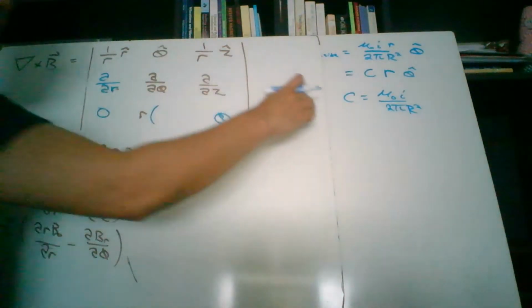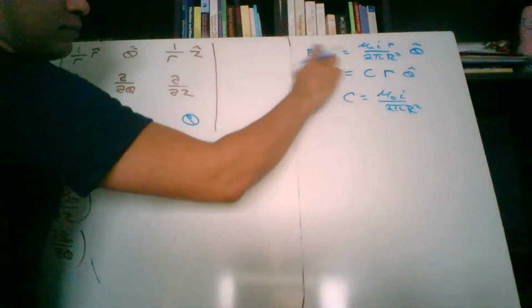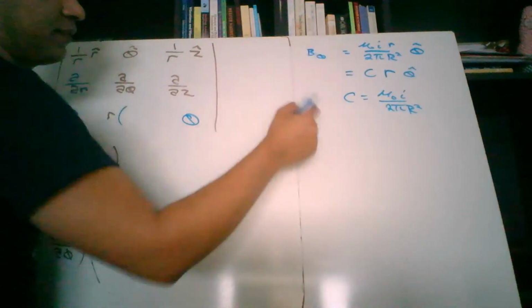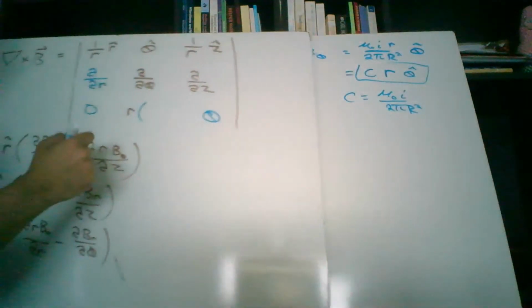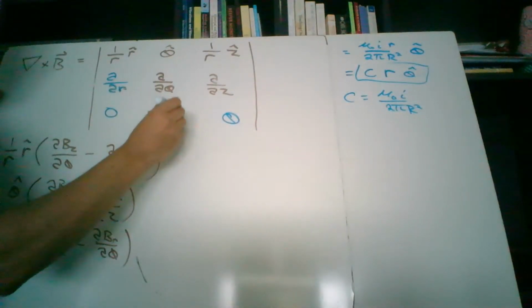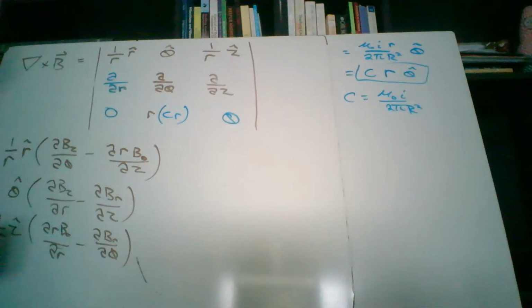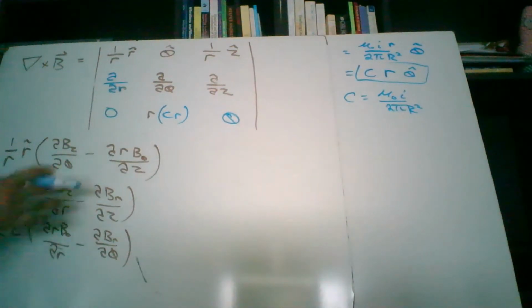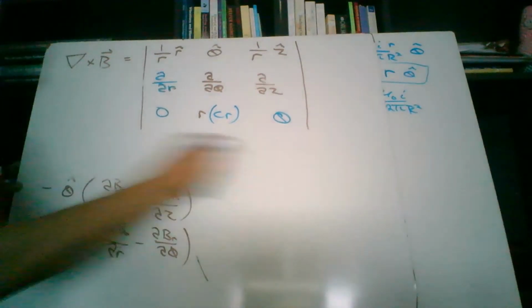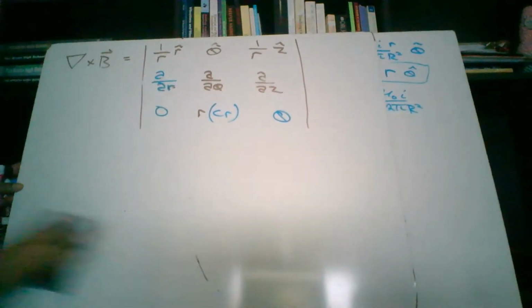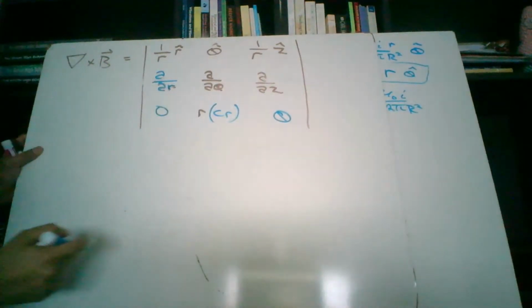B inside is really B as a function of theta. I'm going to take this and substitute it into here, and we get C times r as my component over there. And then from here, we can evaluate this once I get my eraser. So let's do that. Not integral, take the determinant of this.